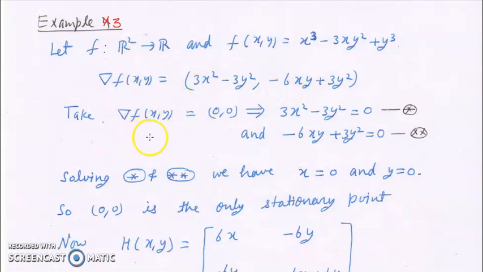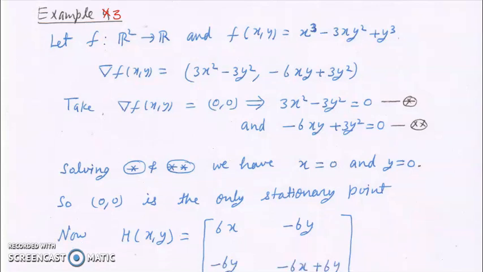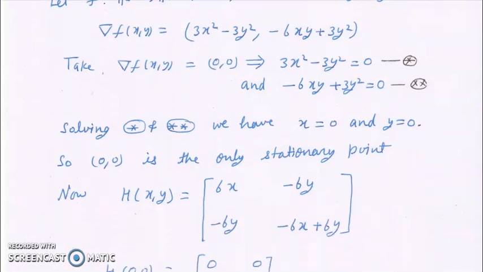We put the gradient equal to 0 0, and then we get two equations: 3x square minus 3y square is equal to 0 and minus 6xy plus 3y square is equal to 0. After solving, we get x equal to 0 and y equal to 0. So 0 0 is the only stationary point for this function.